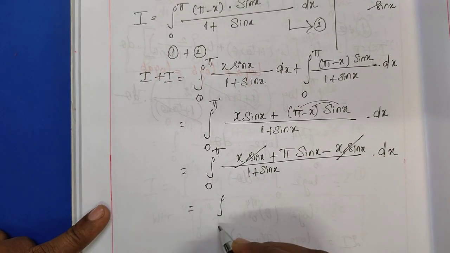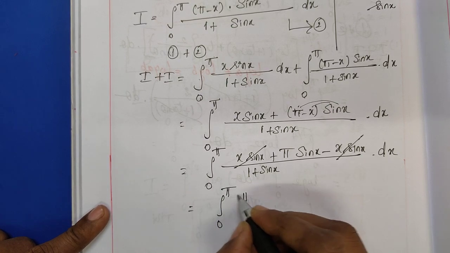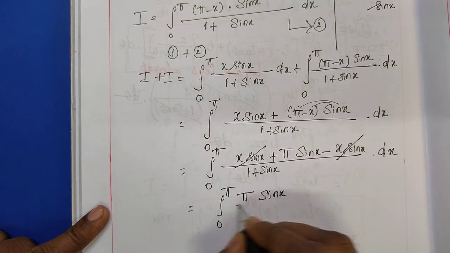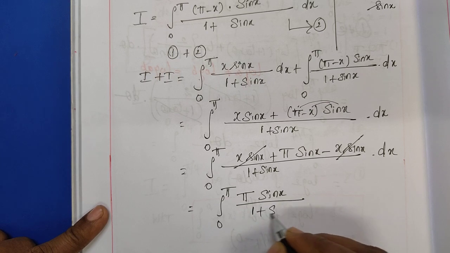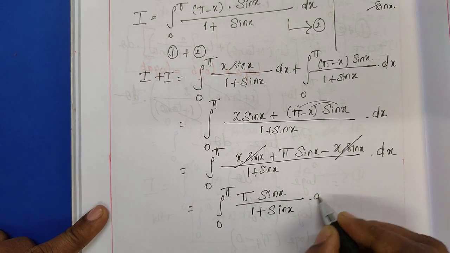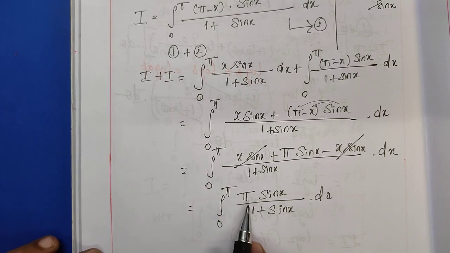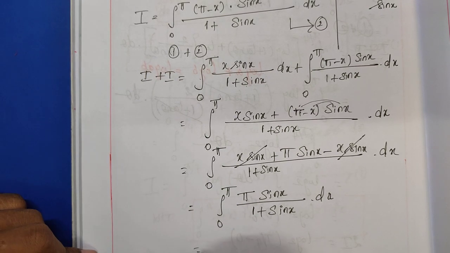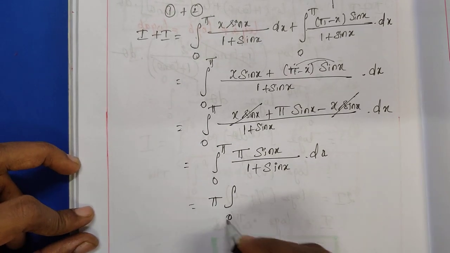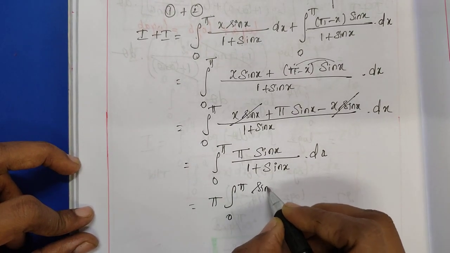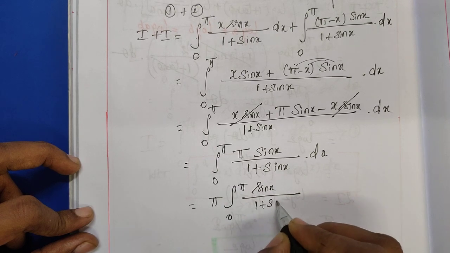The remaining terms: the integral from 0 to pi of pi sin x divided by 1 plus sin x dx. Here pi is a constant, take it outside. So, pi times the integral from 0 to pi of sin x divided by 1 plus sin x.